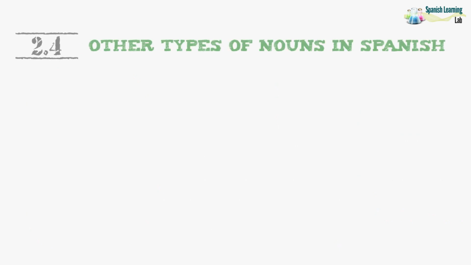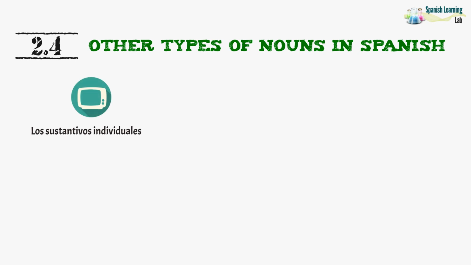Other types of nouns in Spanish. There are other types of nouns in Spanish besides the three types we mentioned before. We will not explain much about them because the most important ones are los sustantivos propios, los sustantivos comunes, y los sustantivos abstractos.